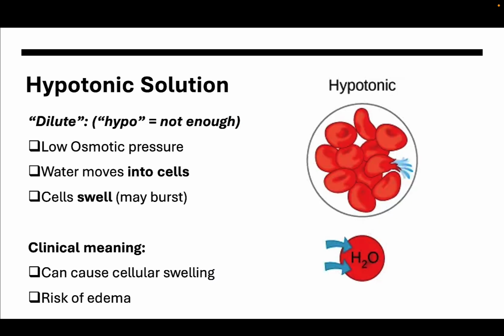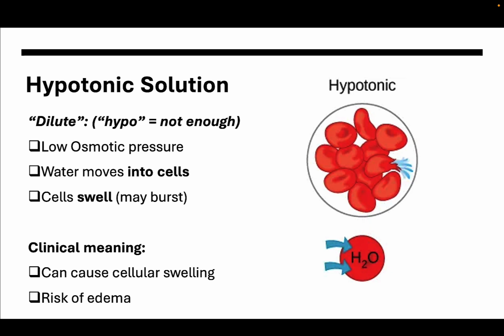What about hypotonic solution? This is a dilute solution, meaning less tonic, not as much salt as we would have otherwise. This is a low osmotic pressure, meaning that the inside of the cells is saltier than what we're putting on the outside. Remember that salt draws liquid in.